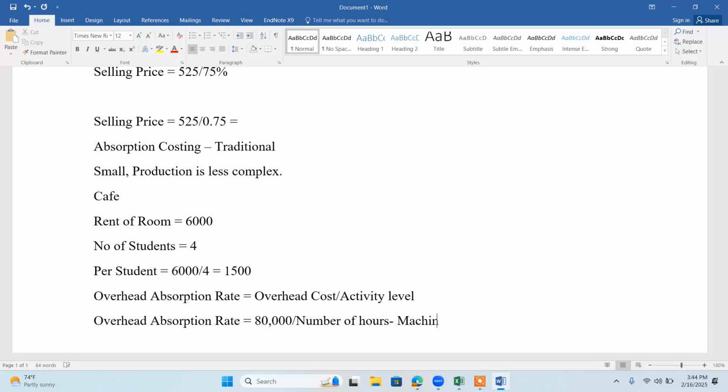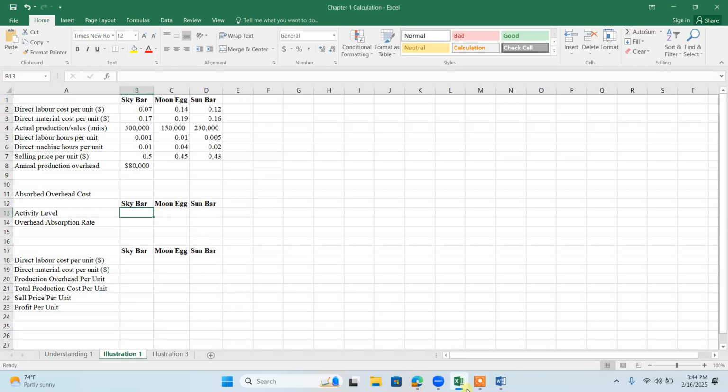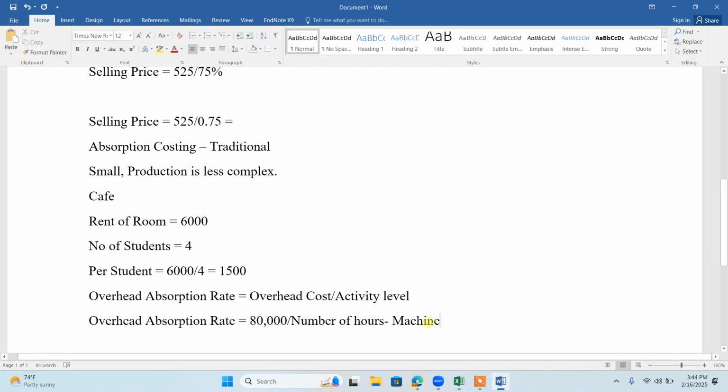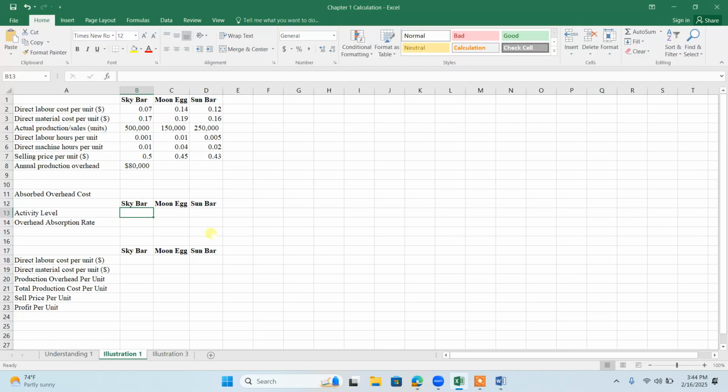Based on the machine. So how many hours are consumed in total? It's 80,000, then divide this by the total and we will get the per unit absorption rate. For example, it takes 0.01 hours for 1 unit. And how many units have we produced of the Sky bar? We produced 500,000 units. So it takes 5,000 hours to produce these.